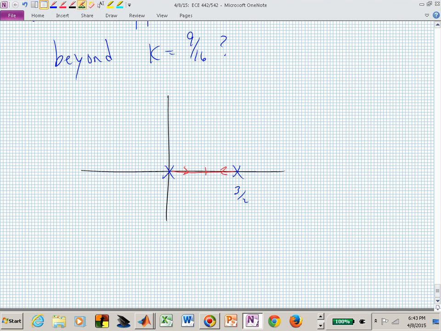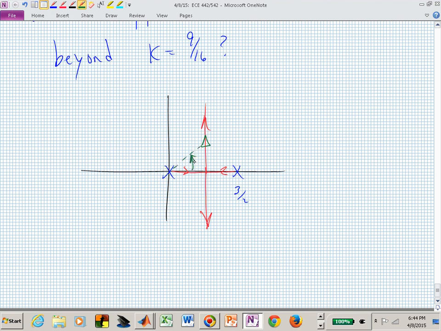Is it clear what I was trying to do before I erased it? I've been sketching this for 2 poles as 2 branches of the root locus that go off at plus and minus 90 degrees. Why is that true? Can we verify that? Let's now look at what happens for a point right there.